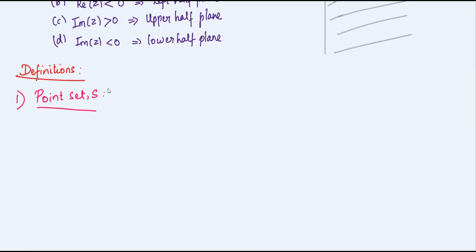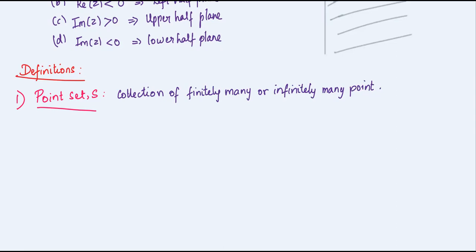Now, point set is simply a collection of finitely many or infinitely many points. So it's a set containing either a finite number of points or an infinite number of points. Next, open set.